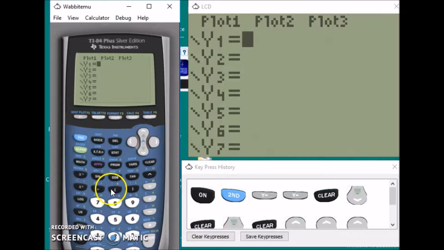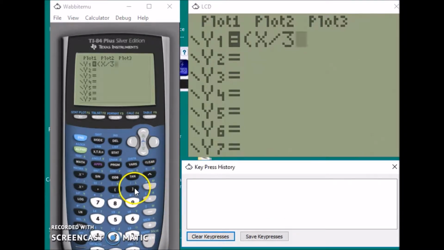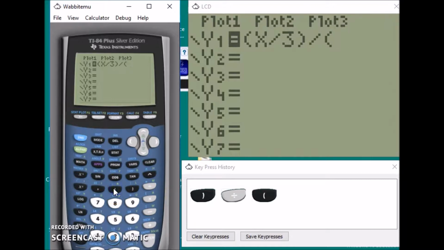Everyone say parentheses. Start with the parentheses. So we had x divided by 3. Close the parentheses. Everyone say divide. I'm not going to tell you the math part about it. I just want you to be able to get a visual right now. And then in the parentheses, I'm going to type in x. This is a new part for you now.